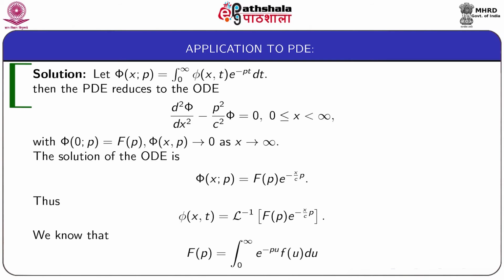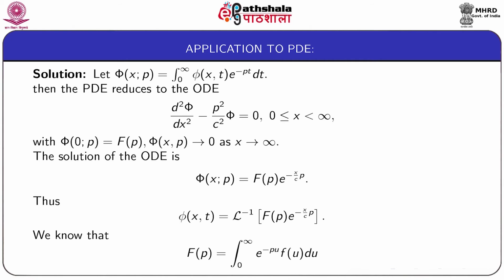To solve this initial cum boundary value problem, we consider capital Phi(x,p) to be the Laplace transform of small phi(x,t), which is defined as integral 0 to infinity small phi(x,t) into e to the power minus pt.